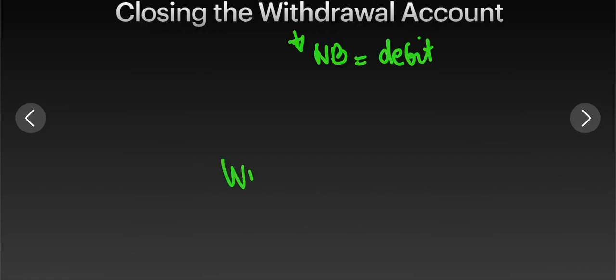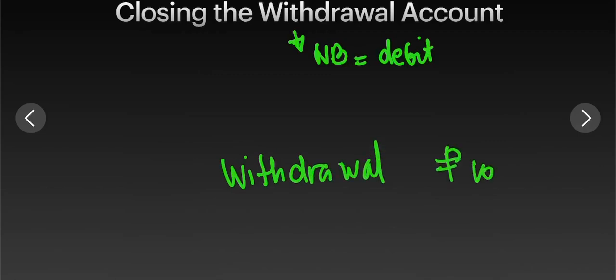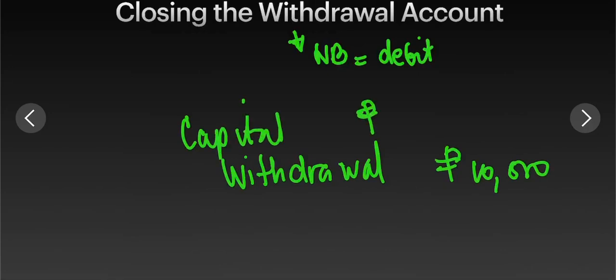So in order to close it, you will credit it. Let us say the value is 10,000. And where are we going to close it? Directly to capital account. So capital account will be debited for 10,000.